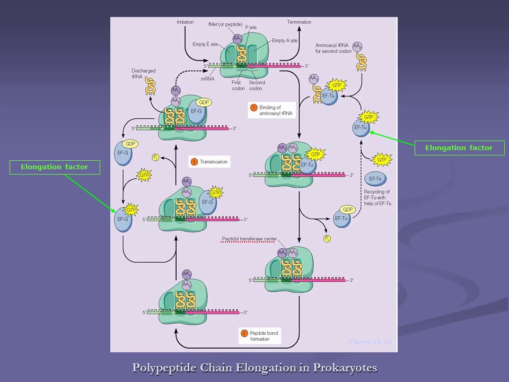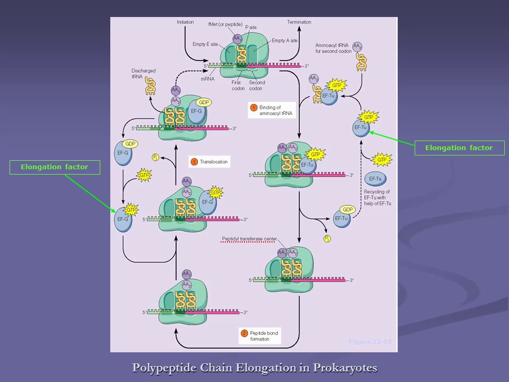The transfer RNA with its amino acid alone is not just going to get there. It has to be brought in with our elongation factor and energy. And so once we have it in place, we cleave the energy. The elongation factor pops off, and now we have our tRNA number 2 with its amino acid number 2 in the A pocket.